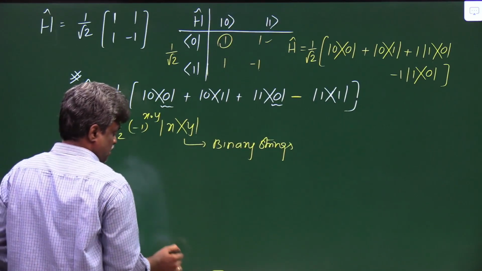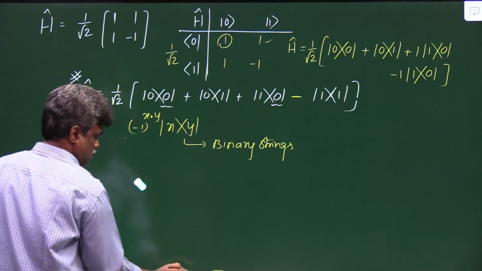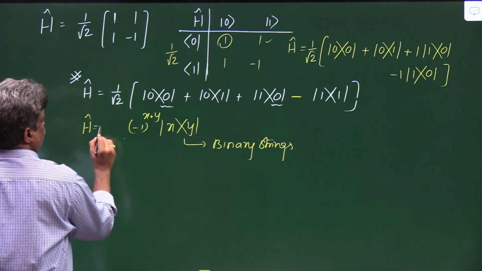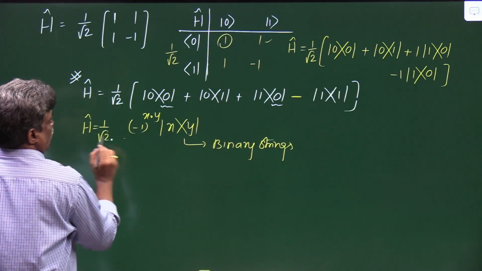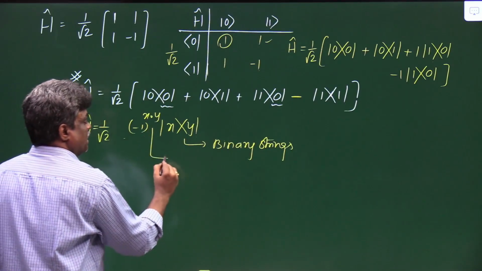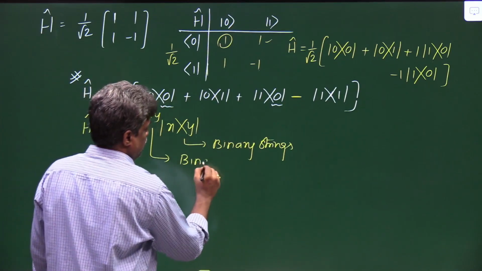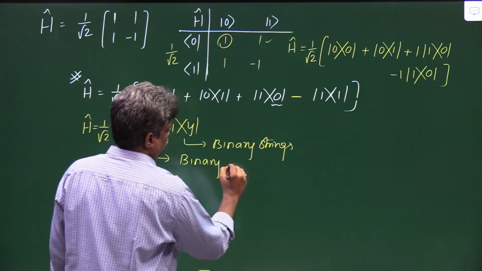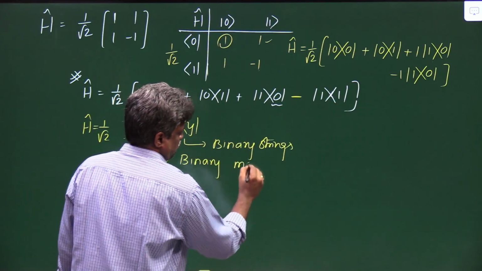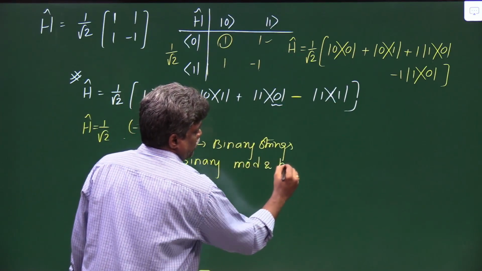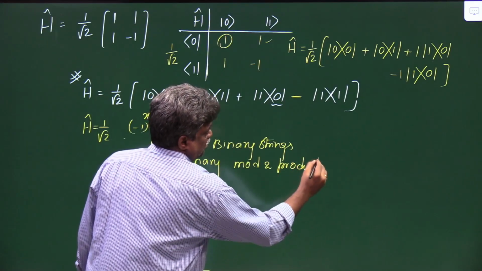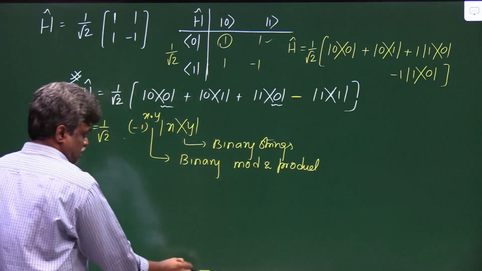But remember, this x dot y is the binary product, the mod 2 product. What is the meaning of this?